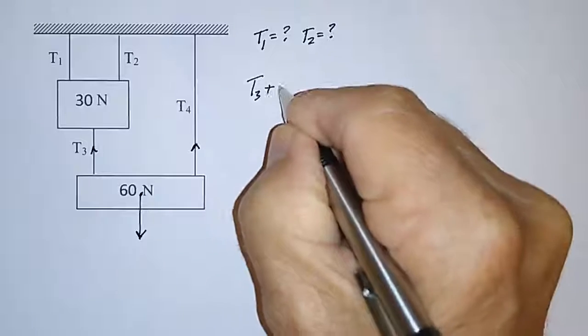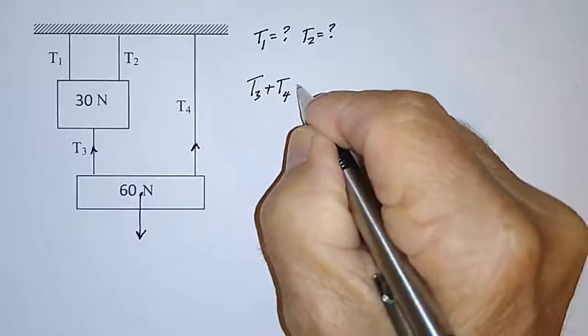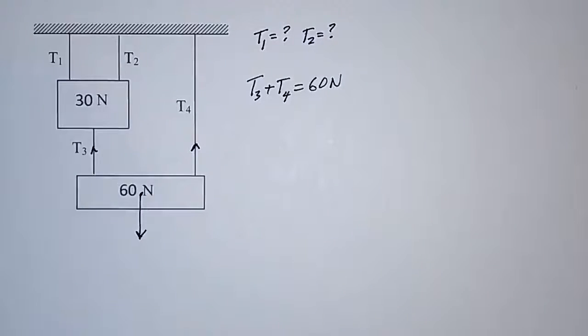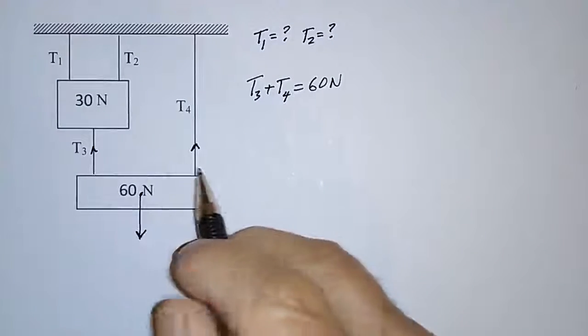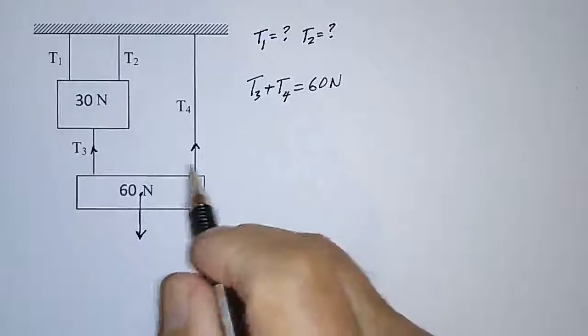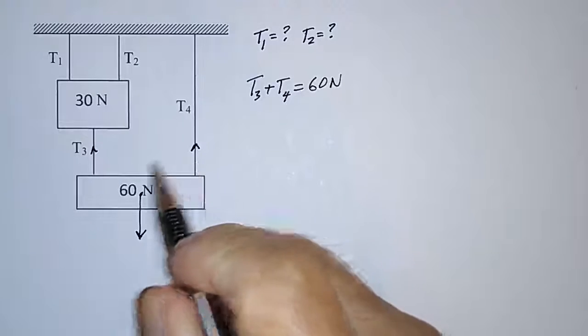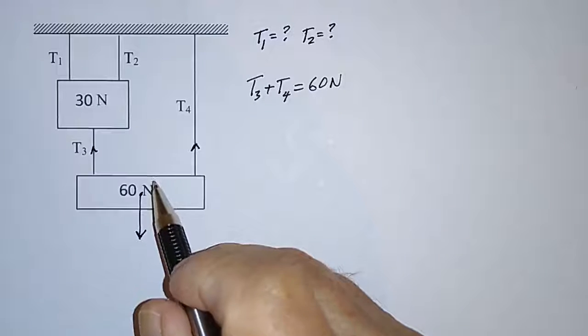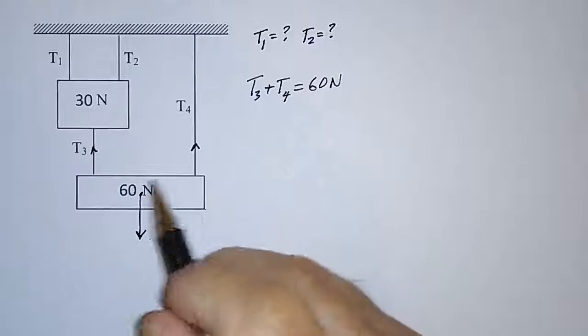T3 plus T4 has to be equal to 60 newtons. And T3 has to be equal to T4 because the two of them together are supporting the weight. And if they were different, then it would be rotating.